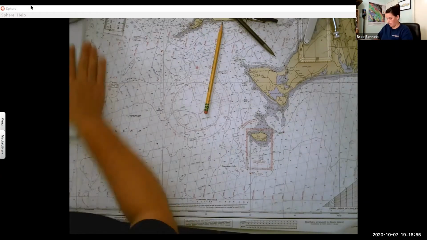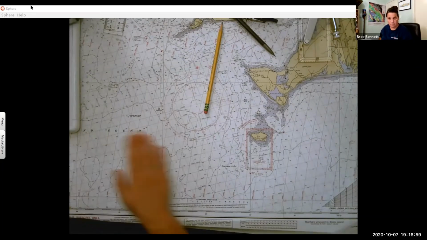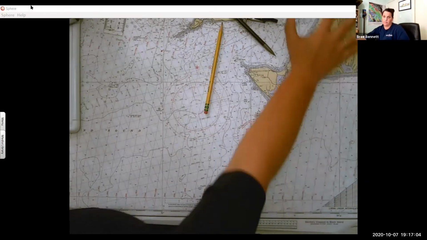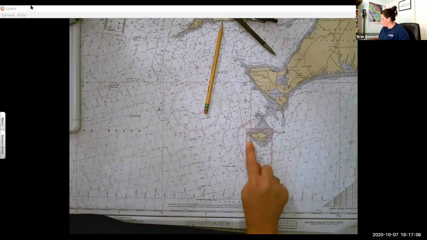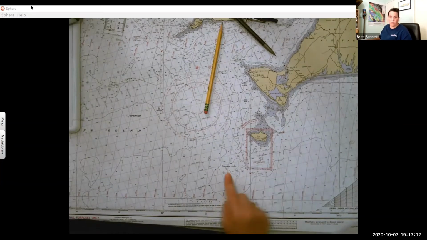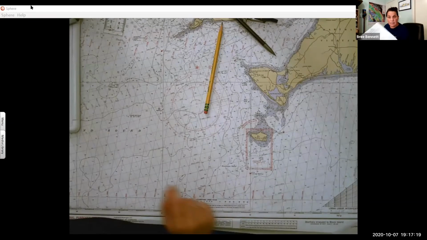This is going to be the, what is this? Rhode Island Sound here. We're going to start down south of Martha's Vineyard. Martha's Vineyard, Gay Head, No Man's Land Island, Southwest Shoal. This is the area we're going to start. So on the chart, I'm looking at assignment 11.